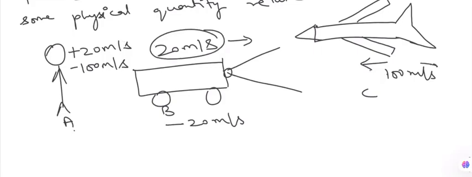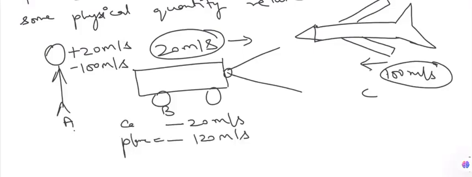For the car or bus, this will be carrying this speed, and this will be carrying minus 20. Akshita, any doubts? No, ma'am. Okay, great. So nothing to be repeated, right? Yes, ma'am.